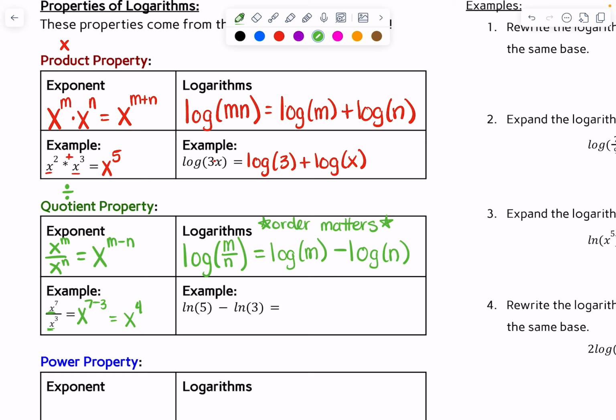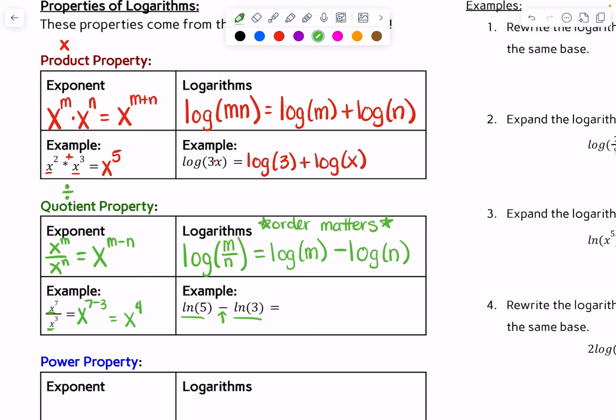Looking at this example here, I'm seeing subtraction, and I'm seeing two logarithms with the same base. I'm seeing the natural logarithm. So it's the natural logarithm of 5 minus the natural logarithm of 3. In this case, I can condense this down to a single logarithm by moving in this direction, going from the property on the right to the property on the left, so going from the subtraction to the division here.